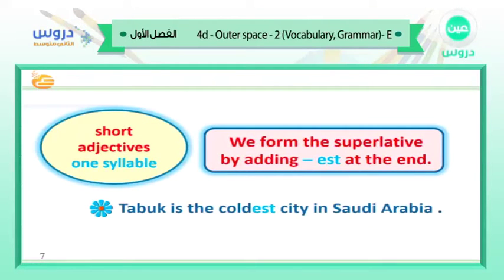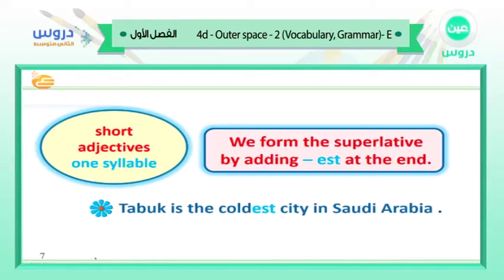We have short adjectives and long adjectives. What is a short adjective? Short adjectives have 1 syllable. We form the superlative by adding est at the end. For example, Abha is the coldest city in Saudi Arabia.